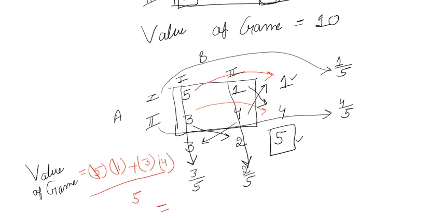So it comes out to be 17 upon 5. So value of game in this case would be 17 upon 5. Right. So this is the first method, that is known as odds method. Right.